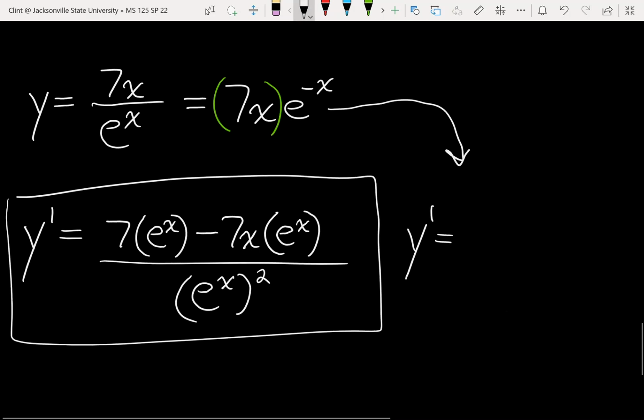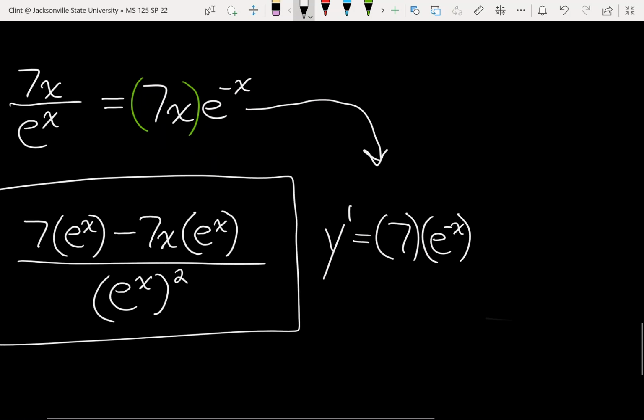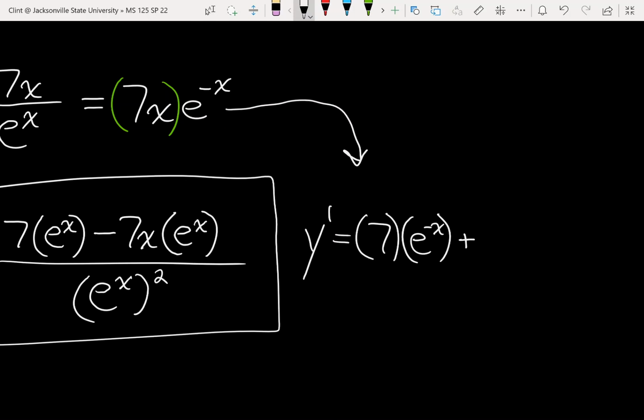Probably quotient rule is nicer on this one because we have chain rule with the e to the negative x. So we'd have derivative of the first one times the second one plus first one times the derivative of the second one, which is e to the negative x times negative 1.